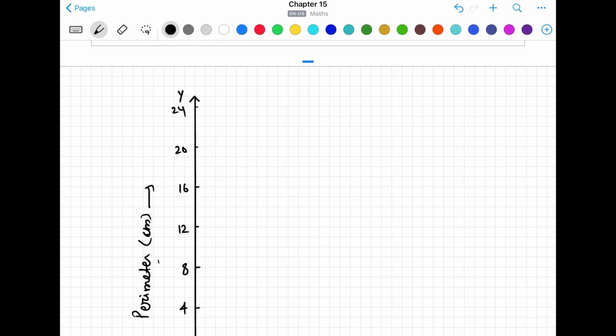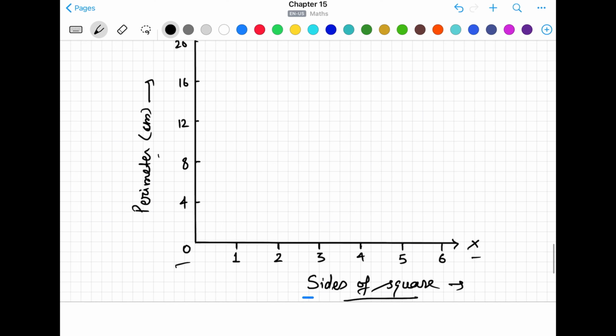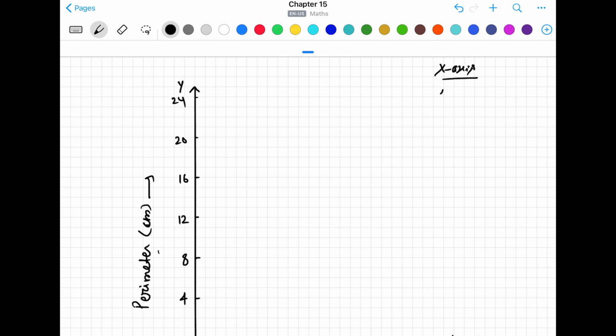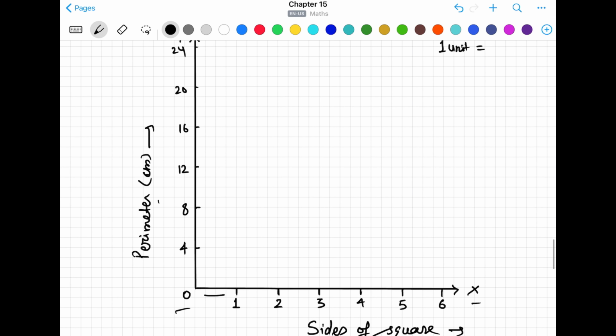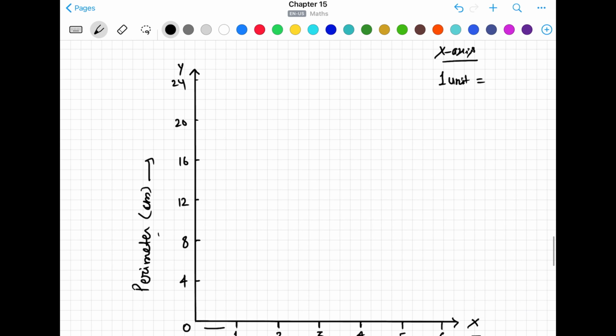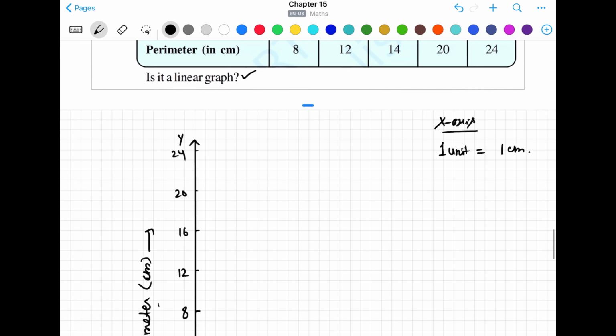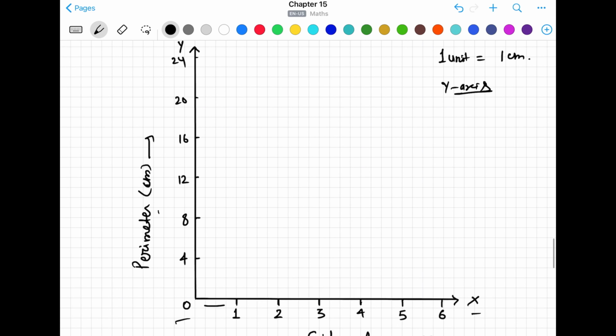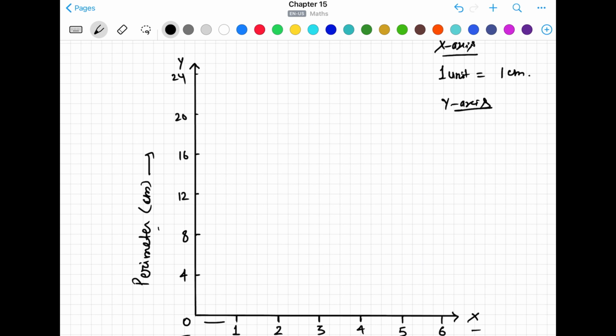Let's write the units. On the x-axis, considering 1 unit, or 1 box, on your graph paper, it denotes 1 centimeter, and on the y-axis 1 unit or 1 box represents 4 centimeters.